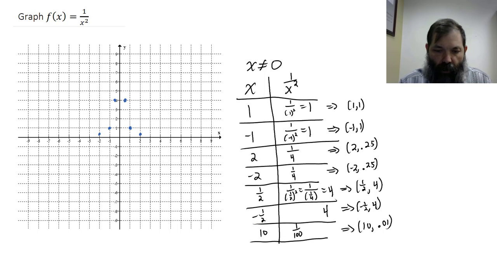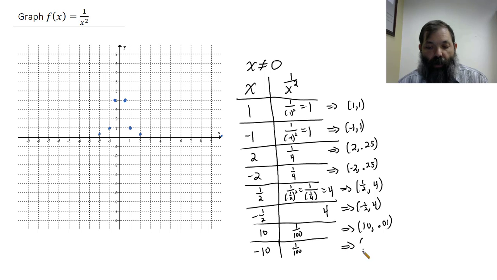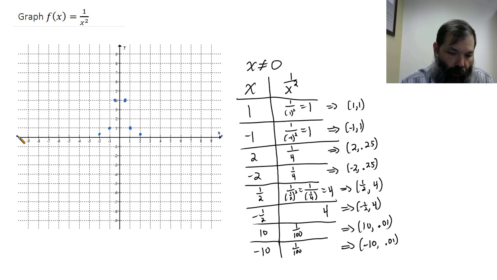And that point, oh, look, it's over here. That's really close to the x-axis. And again, if I chose the x value negative 10, the output would again be 1 over 100. And that would give me the point (negative 10, 0.01). So that might be over here.